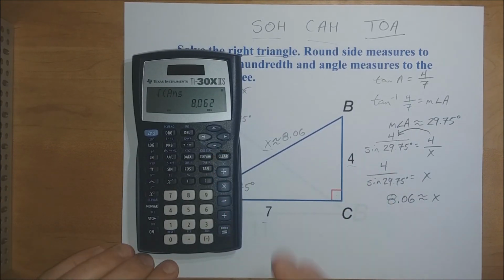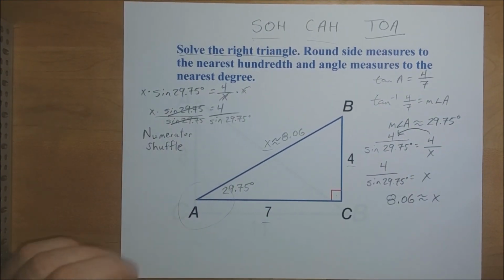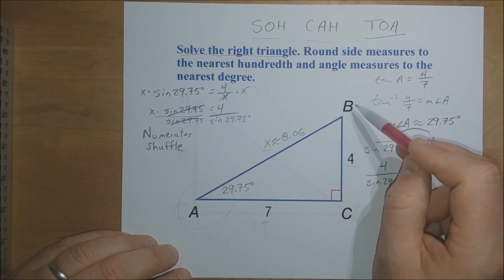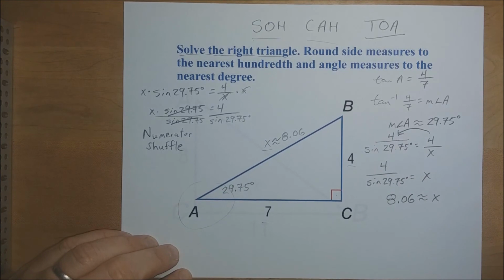It all works. Okay, so we're just missing one piece of our triangle right now. Now, it would be really fun to use angle B here. Maybe the sine of angle B equals 7 over 8.06, but we don't need to do that anymore, do we?